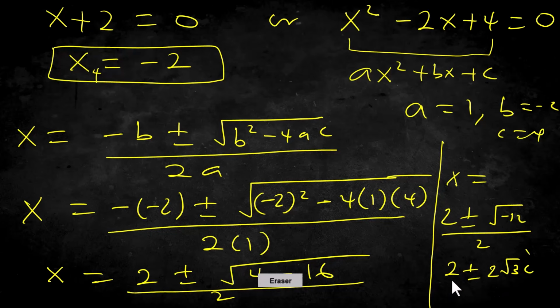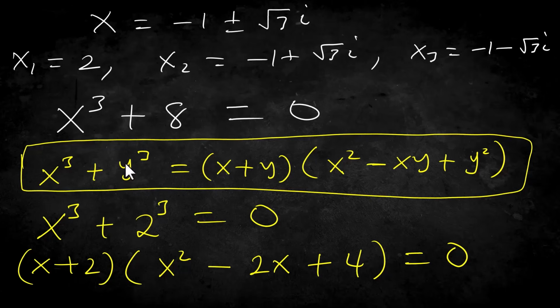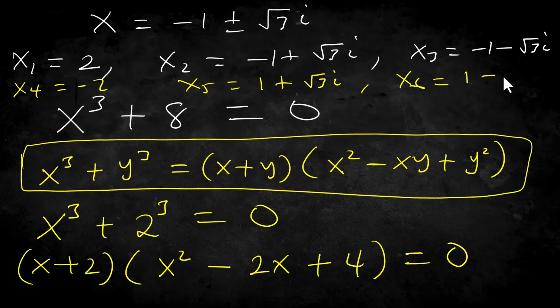So this side will be 1 plus or minus root 3 i. Since we've already done that, we don't want to waste time here. So let's go back. My fourth solution will be minus 2. My fifth solution will be 1 plus root 3 i, and my sixth solution will be 1 minus root 3 i.